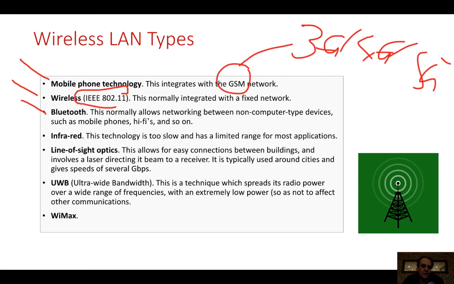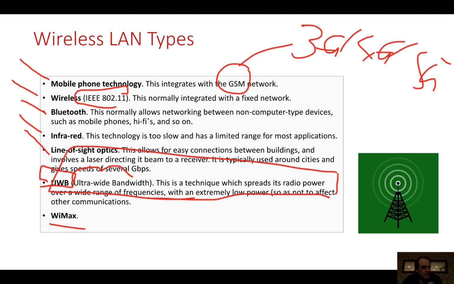Bluetooth is fairly common for creating local connections with devices, especially in pairing devices such as a phone to a speaker and a phone to a microphone and so on. Then we also get infrared and optics. And we may see ultra-wideband systems which will give a high throughput of data within small areas. Along with that, we also get a technology called WiMAX that will allow us to interconnect what is known as the last mile.